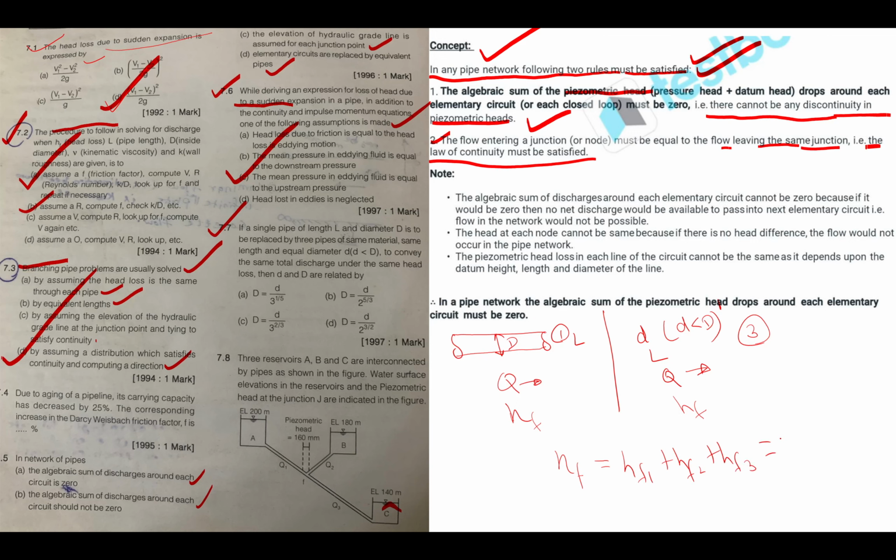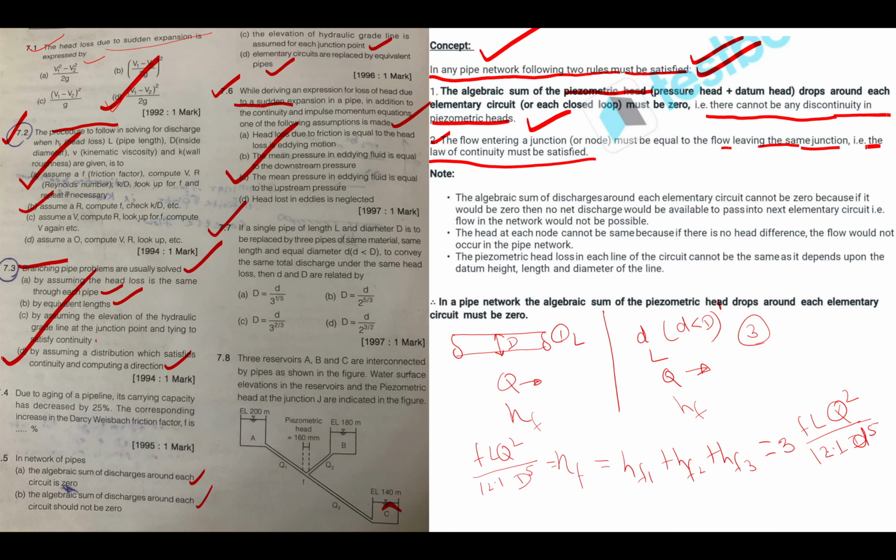So here all HF is the same. For three pipes of small diameter, how will you write? HF is FL V square, or you can write Q square divided by 12.1 small d to the power 5, and on this side HF is FL Q square, same discharge, 12.1 capital D to the power 5.